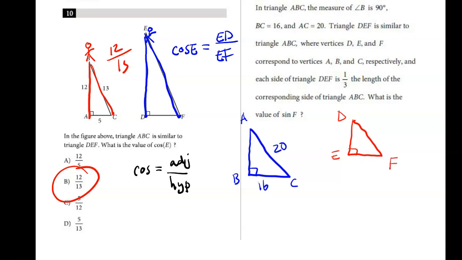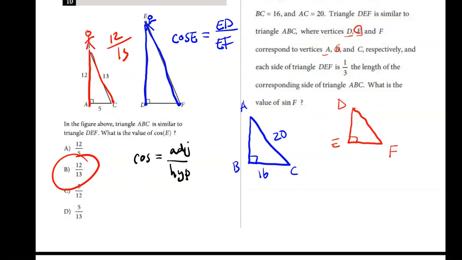And it said that they corresponded, so D corresponded with A, E went with B, so that's kind of how I knew that. But it says it's 1/3 the length. So I could start writing down 1/3 of each side, but let's keep going. It says, what is the value of the sine of F?